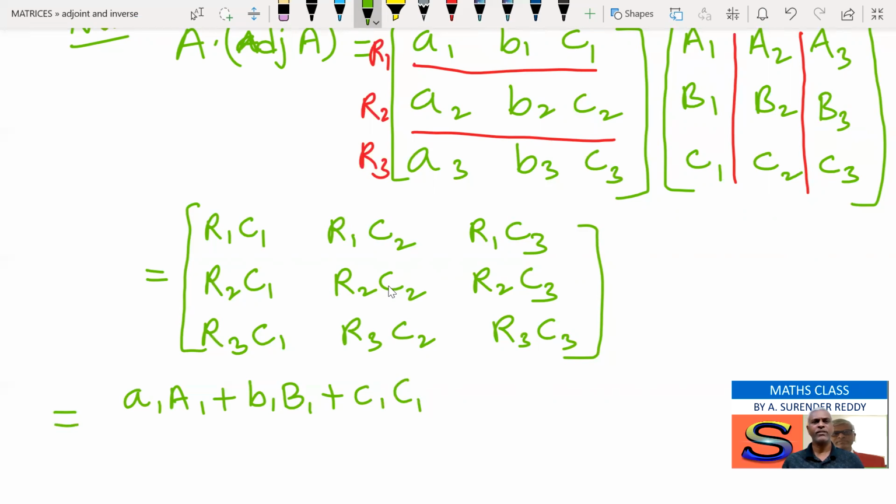So this is R1C1. Similarly, R1C2: a1A2 plus b1B2 plus c1C2. Next, R1 with C3, the third column: a1A3 plus b1B3 plus c1C3.